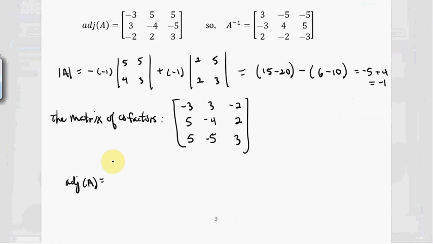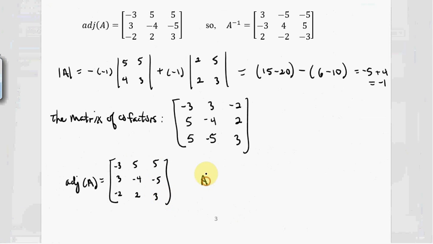So I'm going to transpose this. The rows become columns. So this is -3, 3, -2, 5, -4, 2, 5, -5, and 3.